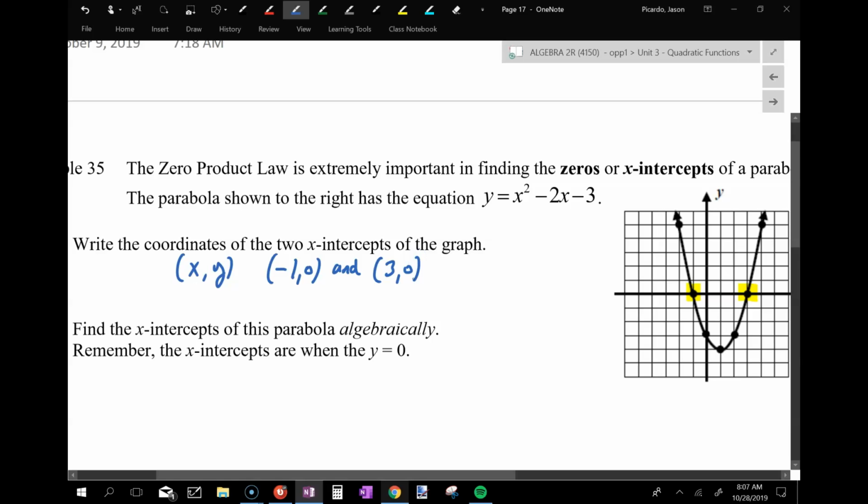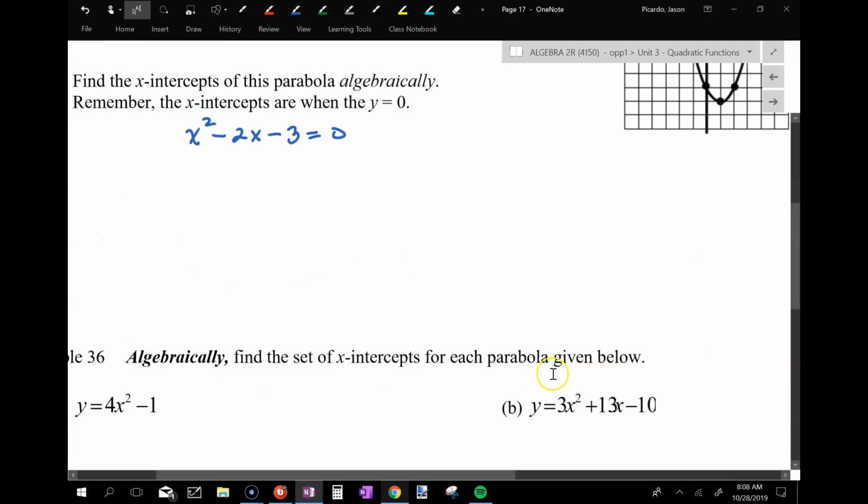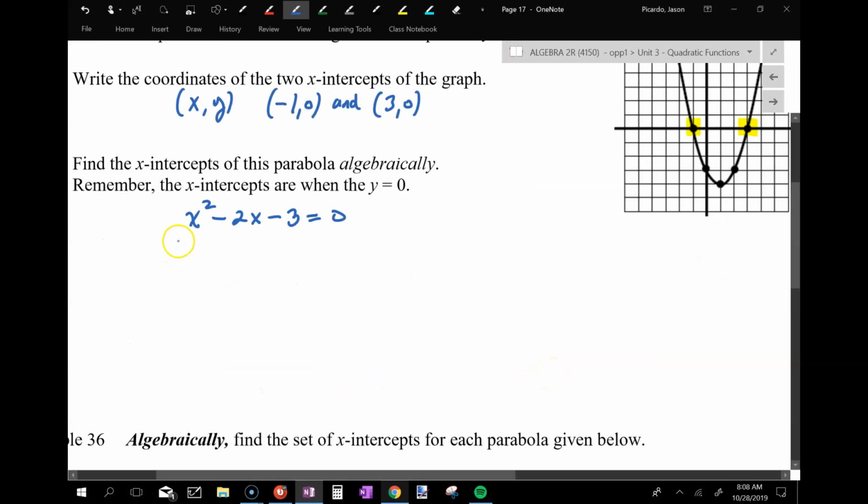All right, so again, what happened? This equation looks like this, creates these solutions, roots, or x-intercepts. If I asked you to do this algebraically, what would you do? You would take this equation and set it equal to 0. You would factor it.